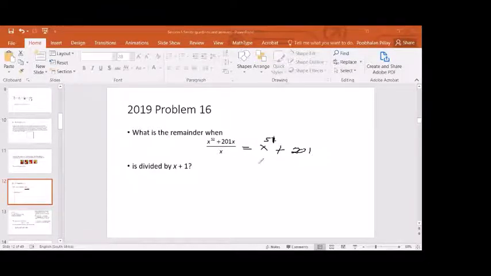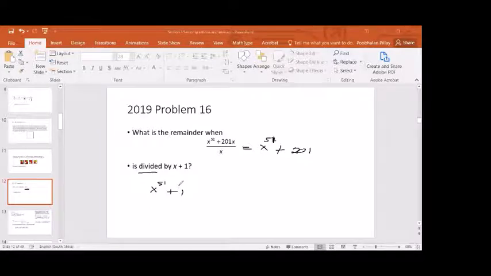It's kind of a silly thing to do. So your thing is a polynomial now, but its degree is 51, right? And you're dividing this by x plus 1. So when you divide this by x plus 1, the question is, what is the remainder?